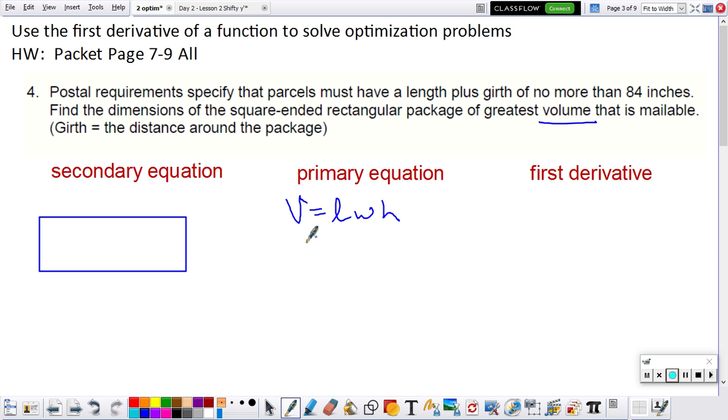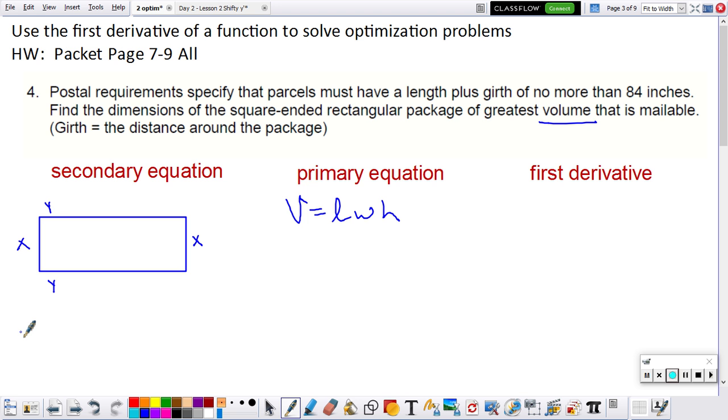Here we go. So I've got x for one side, and here is x, and here I've got, let's see, if all this has to add up to 84, let's think for a second. So if I called this y, which I really don't want to do, but I'm going to, just for fun, I'm going to call it y.